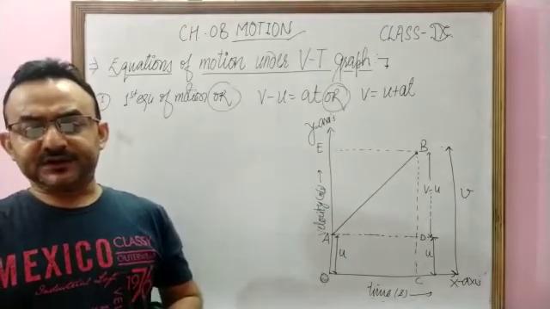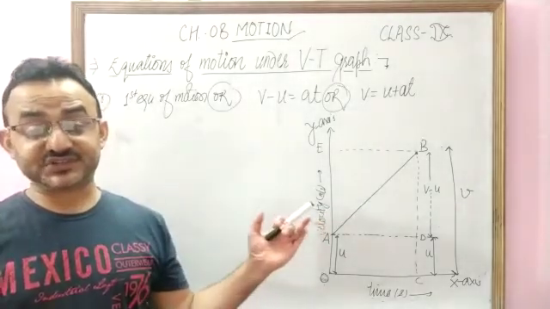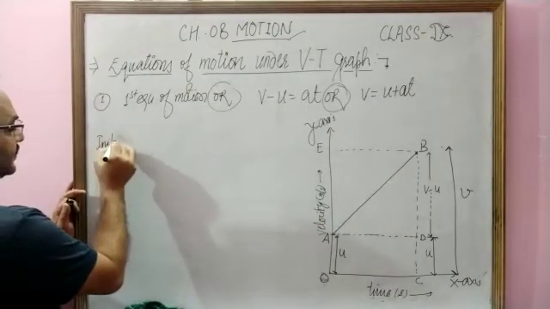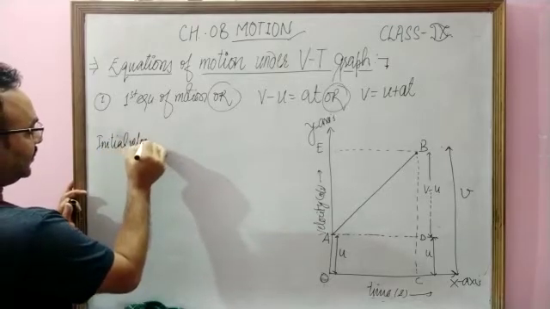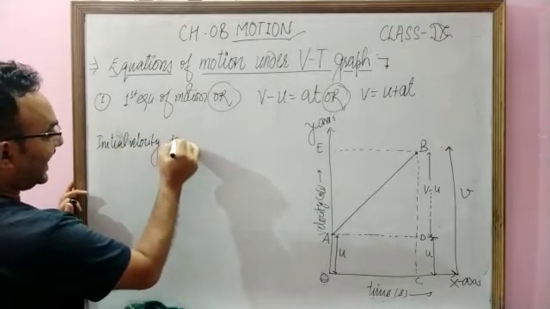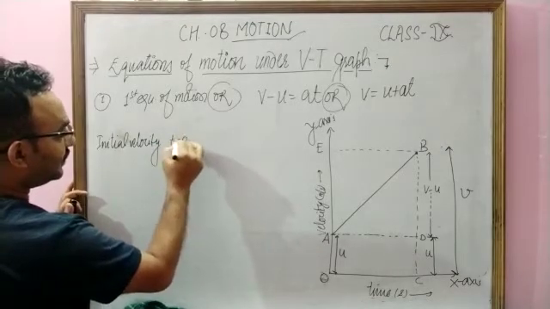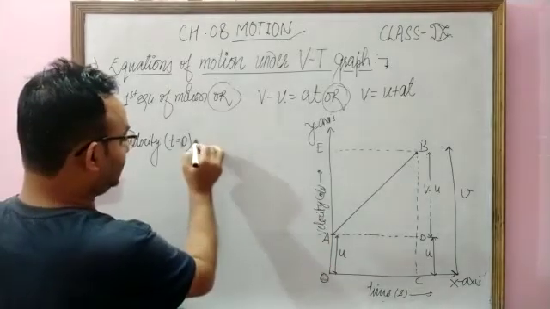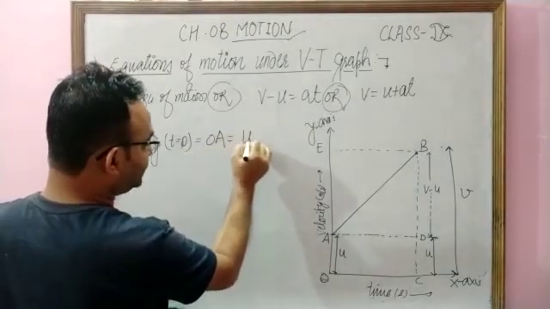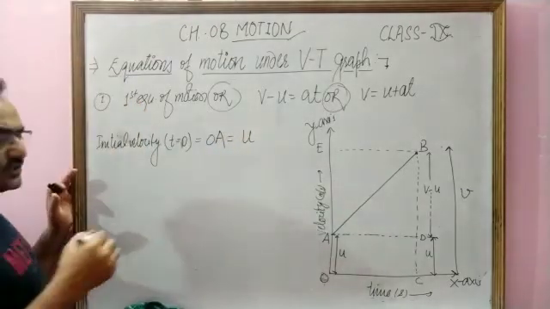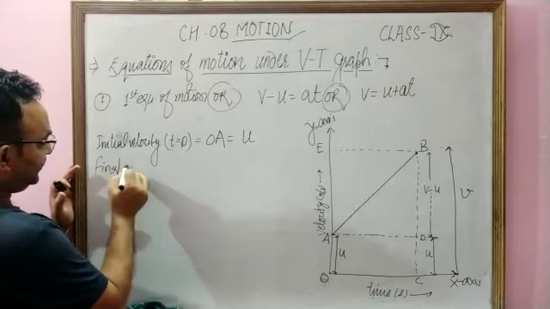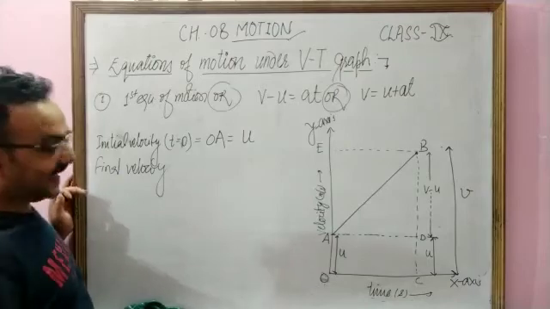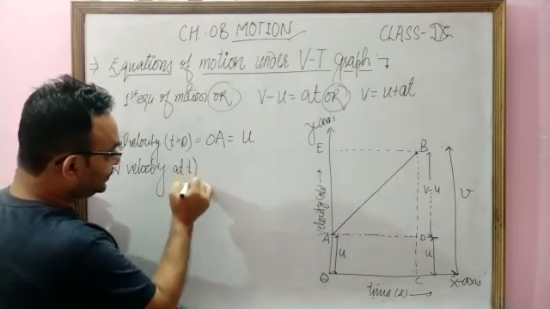Okay, now it is evident from the velocity time graph that initial velocity at t is equal to 0 is equal to OA is equal to U. And the final velocity at time t.